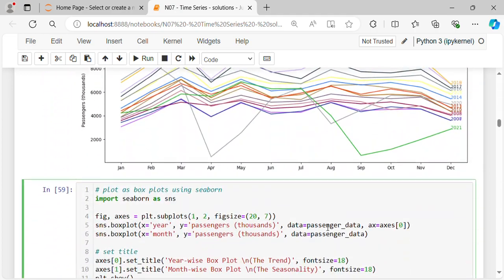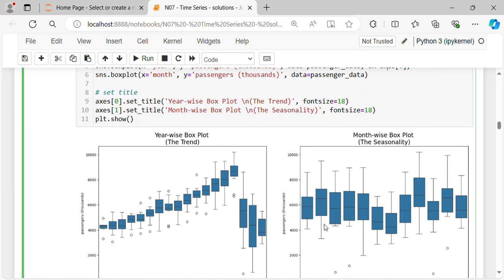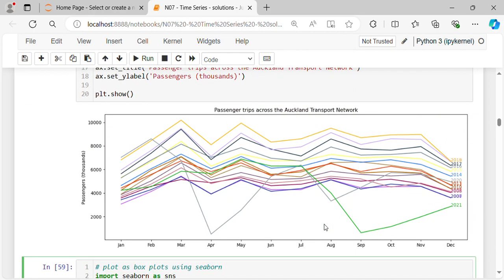Then we also plotted the line plot for every year, and we found that for 2020 and 2021 the number of passengers decreased, around April in 2020 and around September in 2021.